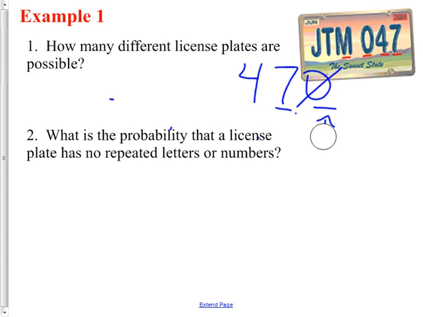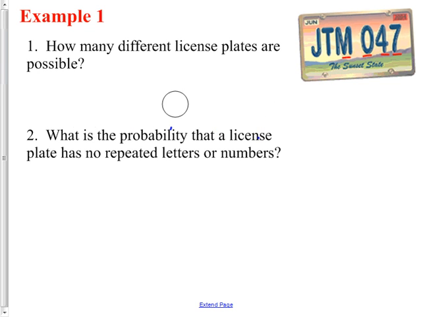And that's 17 digits, and it's numbers or letters the whole way. They usually start with like 1, and then they go with J, but it can be a lot of different things. So if it could be a number or a letter, your very first spot could be 26 plus 10 is 36 choices, and there's 17 of those. So you go 36 times 36 times 36, 17 times.